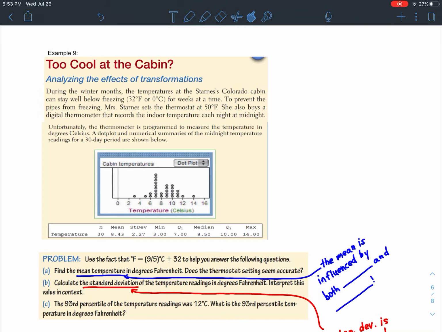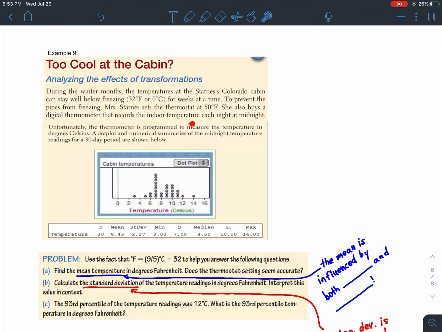Okay, let's take a look at this example called Too Cool at the Cabin. We're going to go back and revisit this idea of how the shape, center, and spread get affected when you transform data. It says during the winter months, the temperatures at the Starnes, Colorado cabin can stay well below freezing. Okay, so it's falling under 32 degrees Fahrenheit or 0 degrees Celsius. It can be like that for weeks at a time. To prevent the pipes from freezing, Mrs. Starnes sets the thermostat at 50 degrees Fahrenheit.